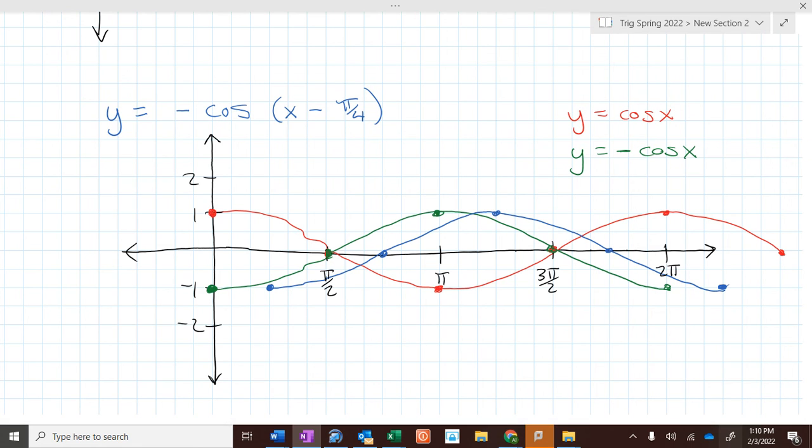Does it really matter how far you go when you first set up the graph? No, as long as you put the dots in the right spaces proportionally to where you're at. So, I hope you understand that. Okay, we're going to do one more, and then I'm going to let you roll with this.